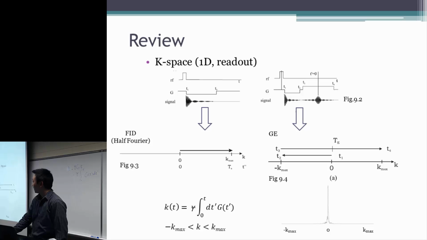This is the gradient moment concept we introduced during the last section, right? Whenever there is zeroth moment nulling, there will be an echo. So here is how we collect K-space in the 1D scenario, and here is a representative gradient echo that we collect from a normal MR experiment.